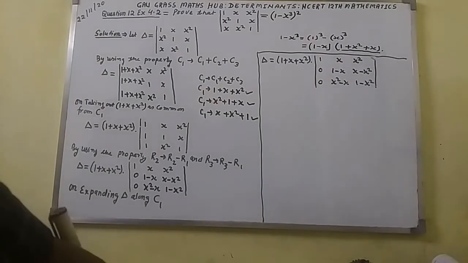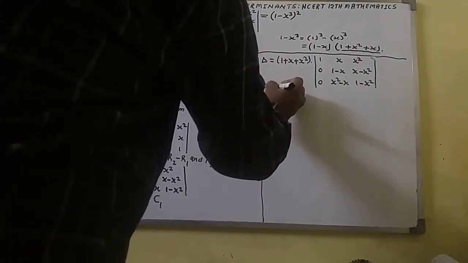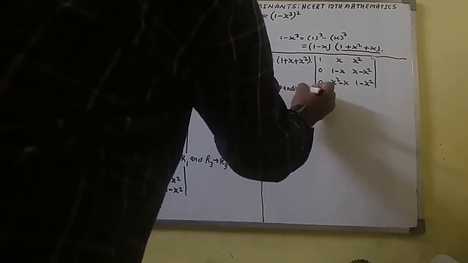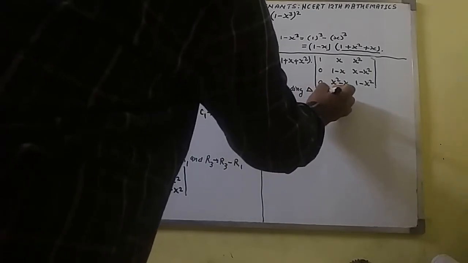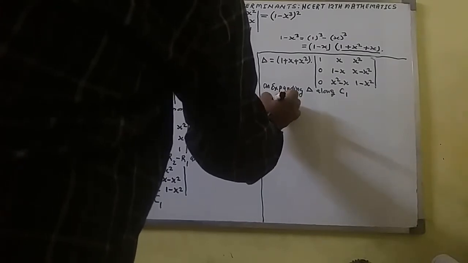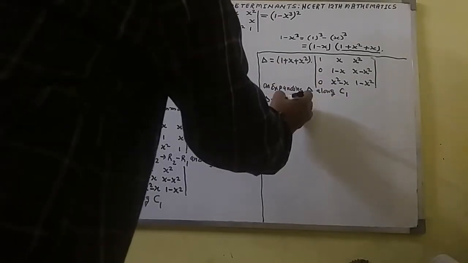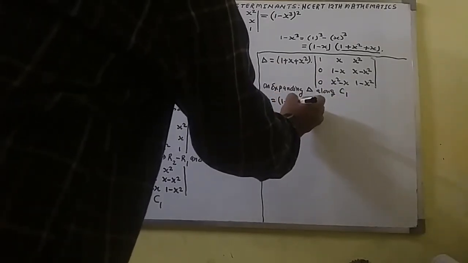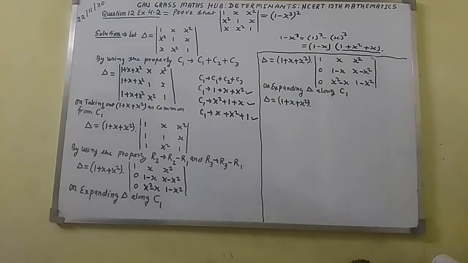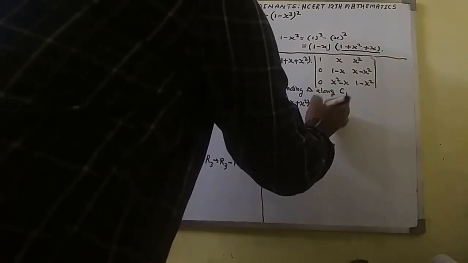On expanding the determinant along C1, you will get determinant equal to 1 plus x square, written like this, and here open a curly bracket.